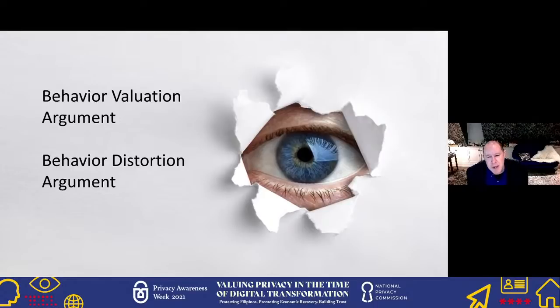So the behavior evaluation argument says that you should look to behavior as the right metric for the value of privacy. What's really accurate isn't the polls. The polls and what people say about their attitudes about privacy don't really matter. What matters is what people do. And what people do is that they don't protect their privacy. So these scholars, politicians, policymakers, and commentators will say, you know what, the law is protecting privacy too much.